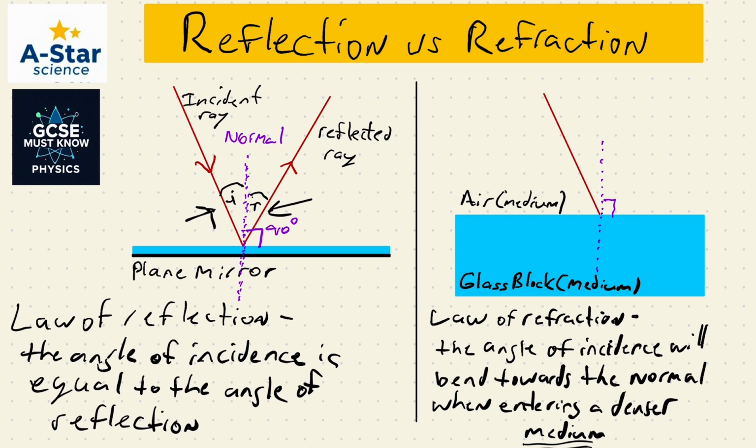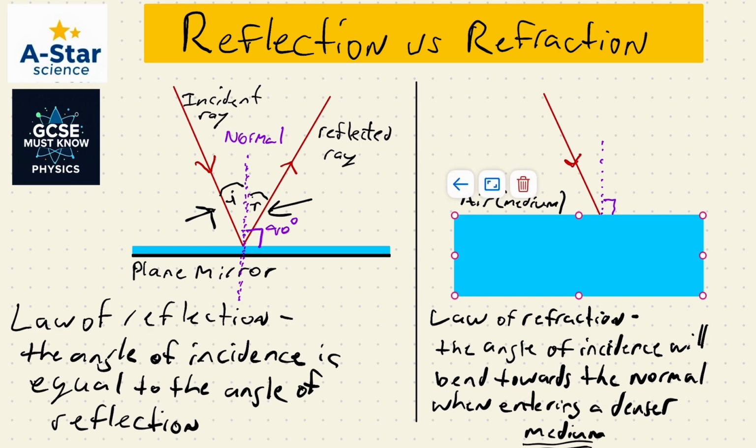Now, what's going to happen to that light ray? Well, we need to put an arrow on it to show that it's a light ray. Let's make sure we're correct. The light ray is going to bend towards the normal.